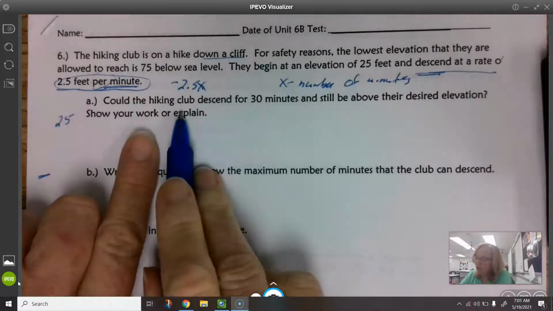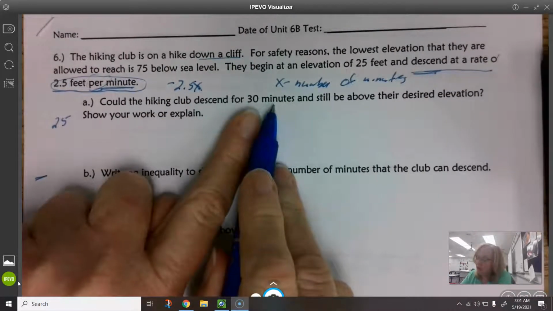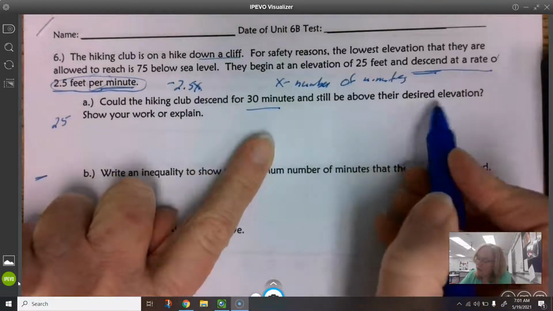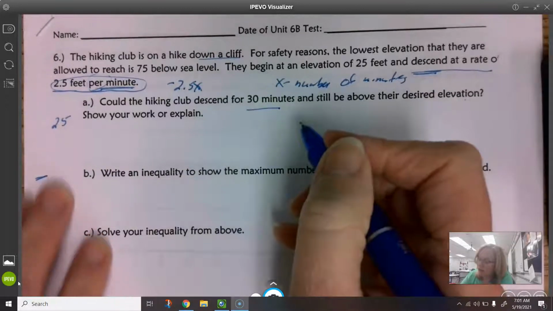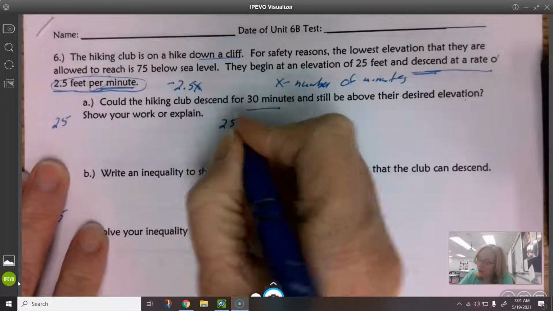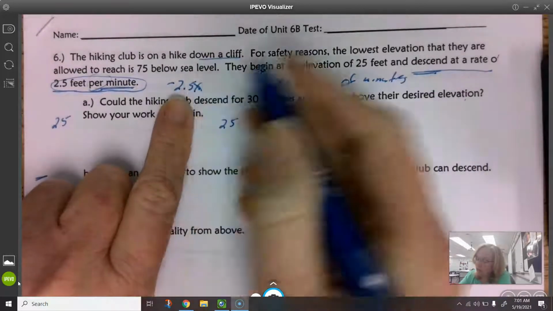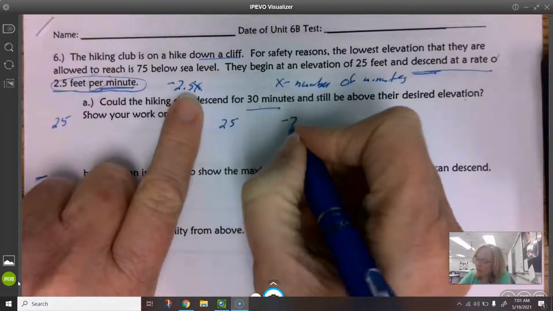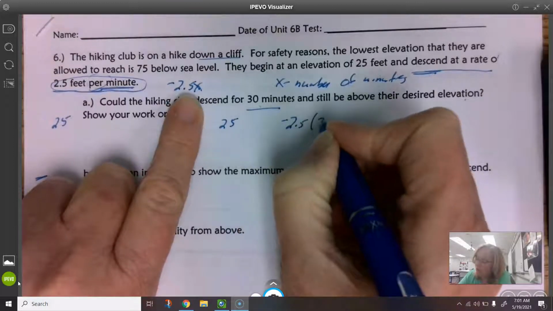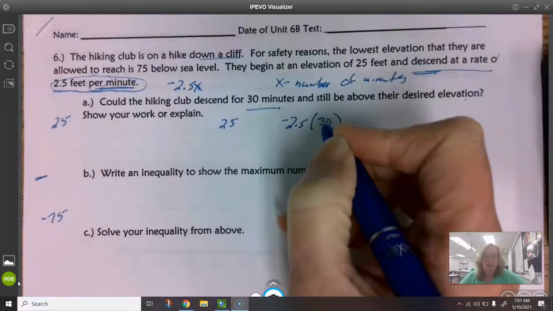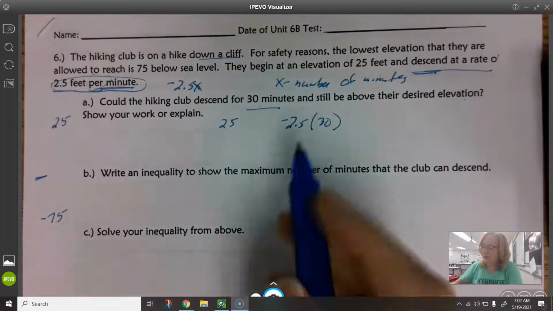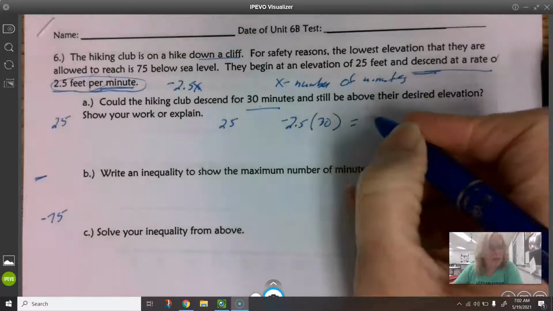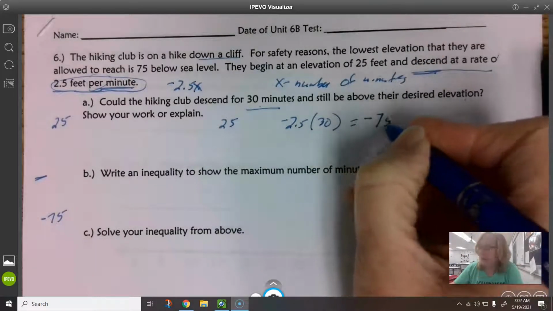Could the hiking club descend for 30 minutes? Could we go for 30 minutes and still be above our negative 75? Well, let's do that. We're going to start at 25, and go for 30 minutes at negative 2.5. So we take negative 2.5 times 30 minutes, and we multiply that out. I had to grab my calculator, so when I multiply this, I get a negative 75.